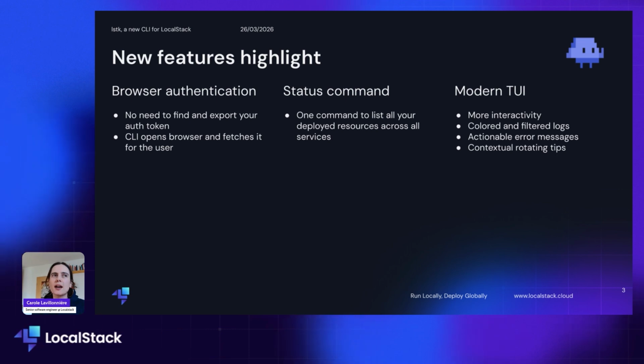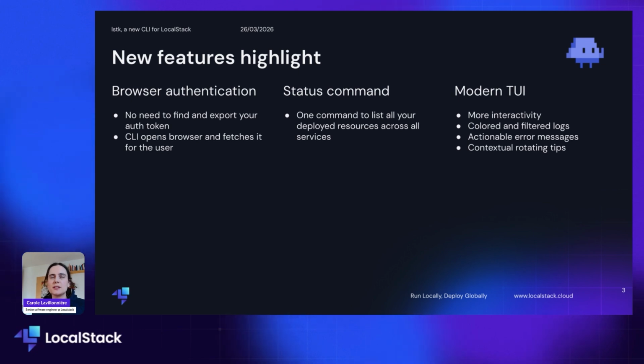You used to have to go and find your token in the browser, copy paste it, and export it in your shell. This is way simpler now. The new CLI opens your browser. You don't have to click anything. It just fetches your token for you and stores it safely in your system's keyring.